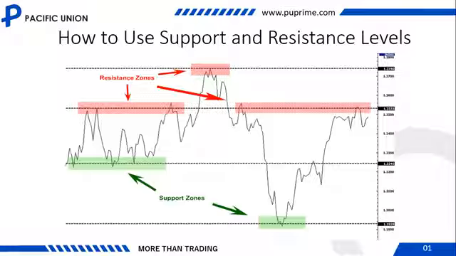So the second one is the support. You could see the support that we have here at 1.2245, as you see it at the right side of the screen. At this point of 1.2245, you see that price actually tested it once, twice, and 3 times.